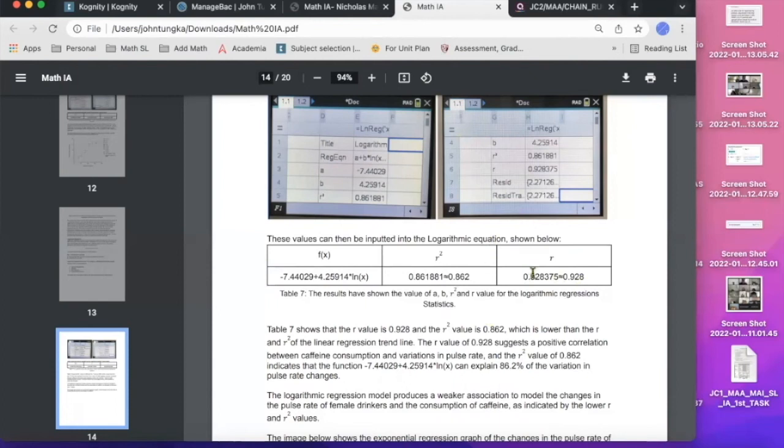Right, so is this correlation? Okay, what is R? Like the negative or positive correlation.